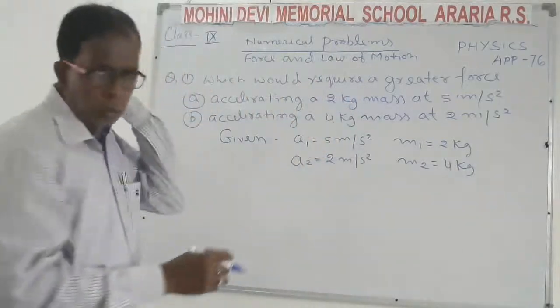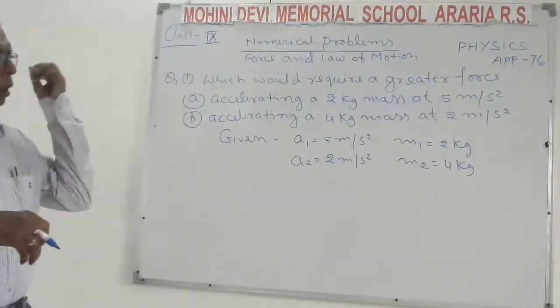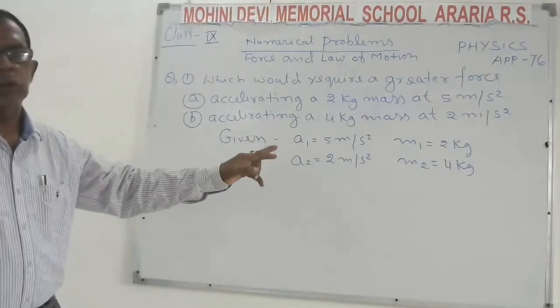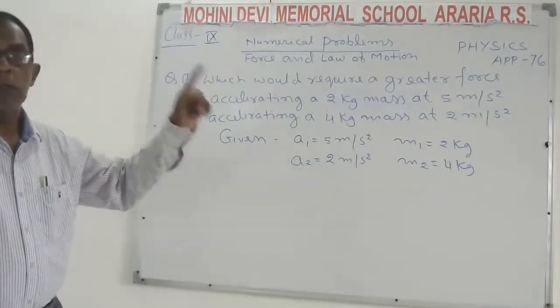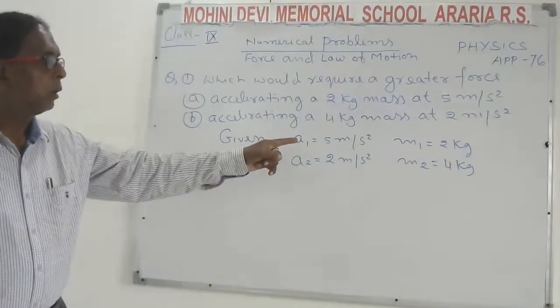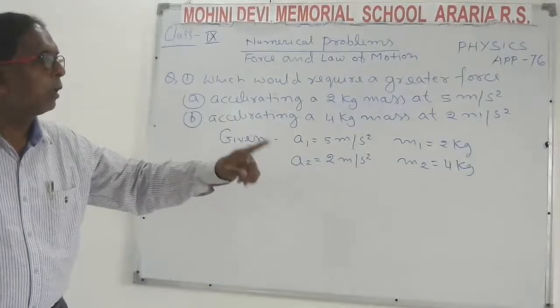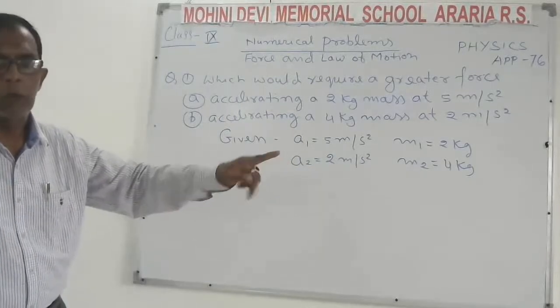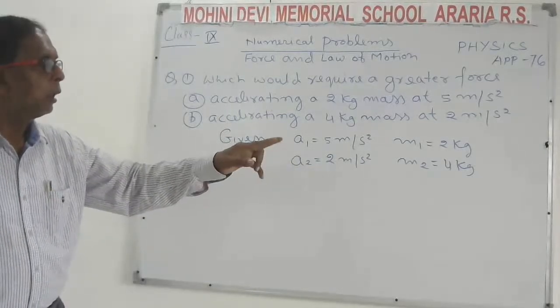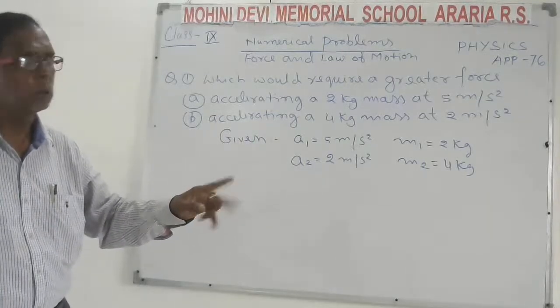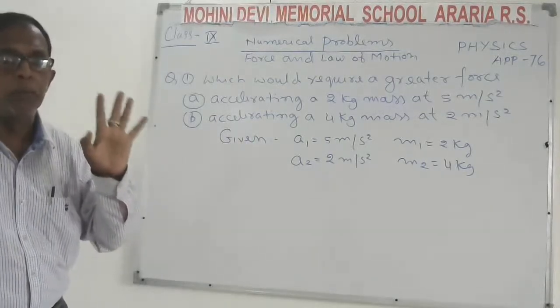This is given to you: mass m1 is accelerated by the applied force up to 5 meters per second square, and mass m2 having 4 kg is accelerated by 2 meters per second square by the same force.